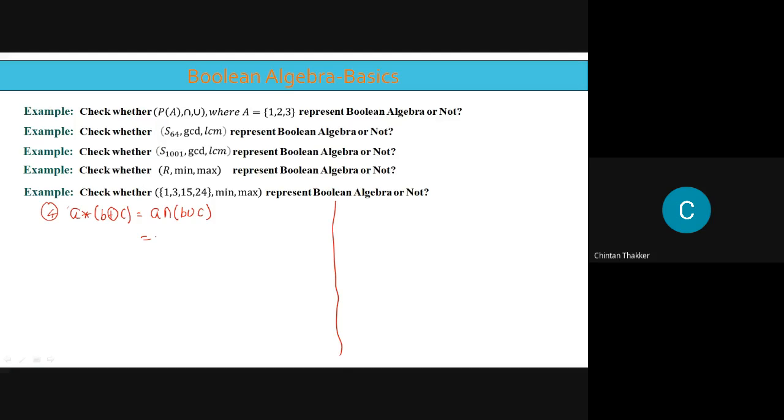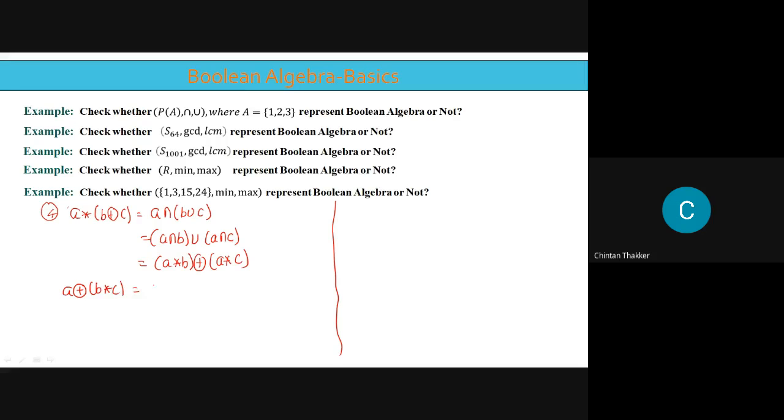Now here we apply the distributive property of intersection over union. So it is (A intersection B) union (A intersection C). It is equal to (A star B) ring sum (A star C). Distributive property satisfied. One. The second is A ring sum (B star C).